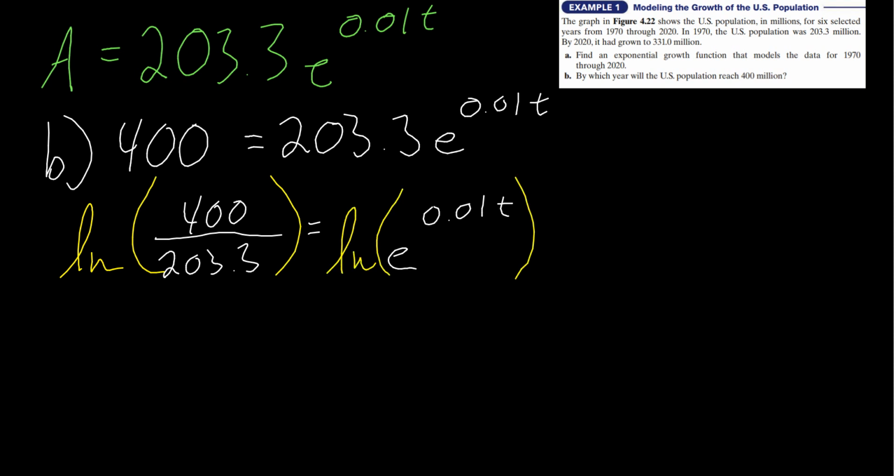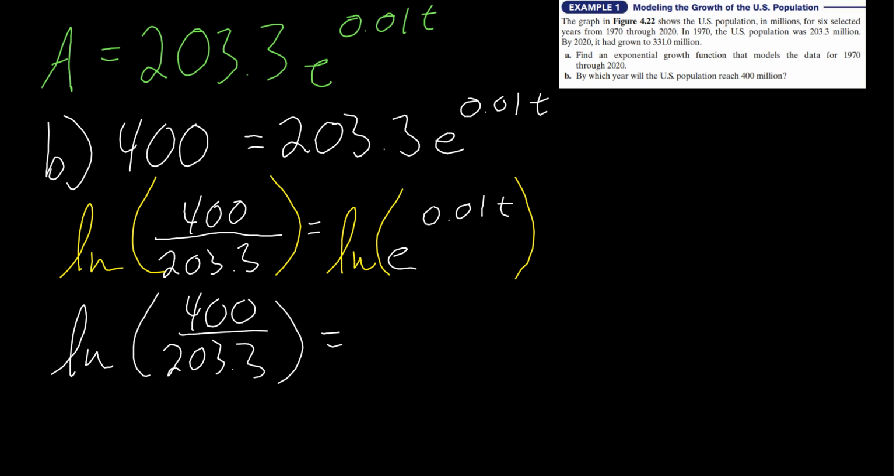So we're going to end up with the natural log of 400 over 203.3 is equal to 0.01 t. So I need to divide both sides by 0.01. Let's go ahead and solve for t over here.